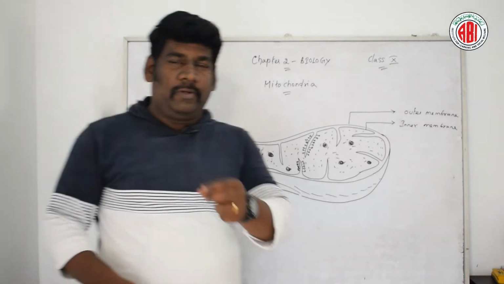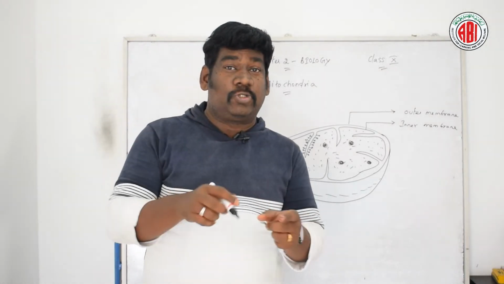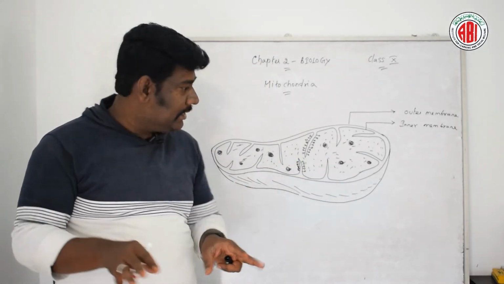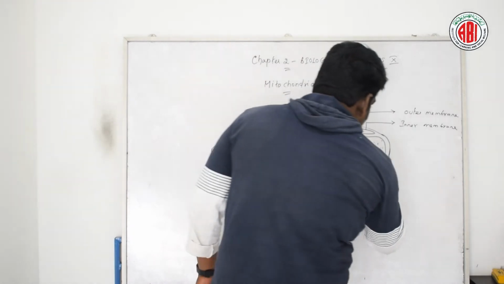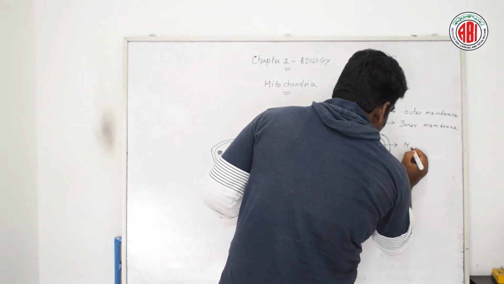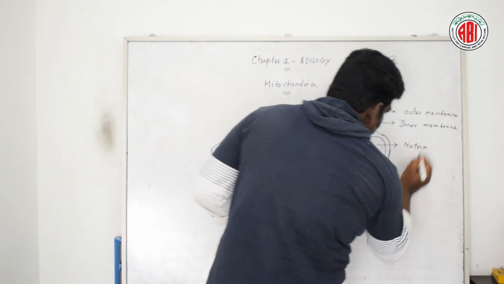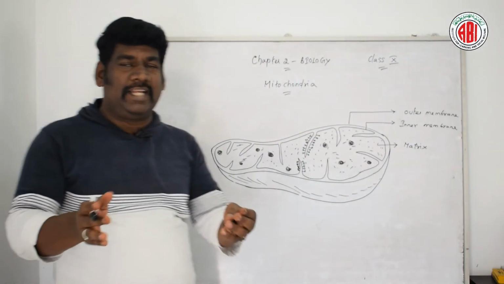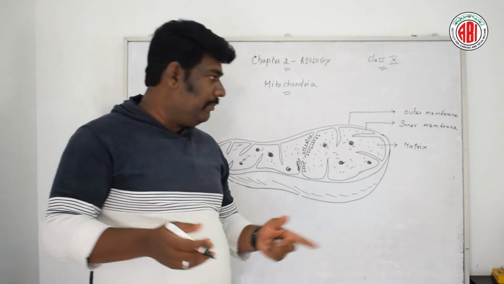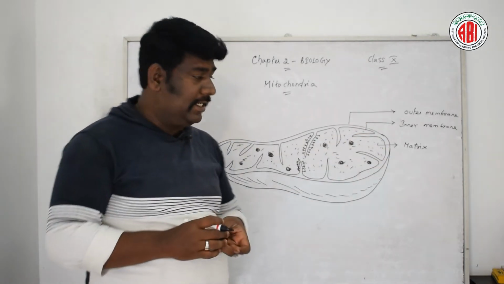Same like the chloroplast, where we discussed stroma, here we are going to discuss the cytoplasmic matrix. This particular empty space in the mitochondria is called matrix. It's like a cytoplasmic substance. We could mention that. So three labelings are done.